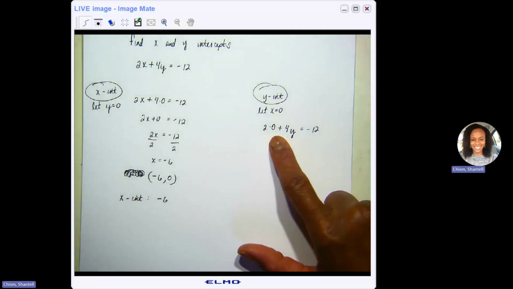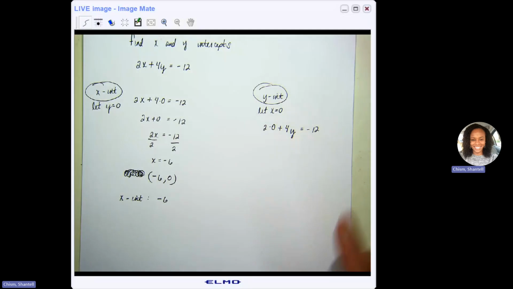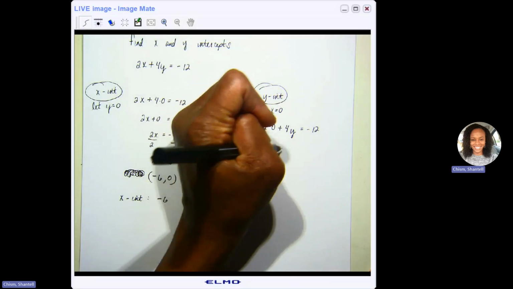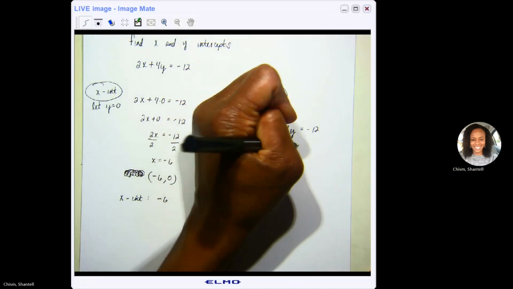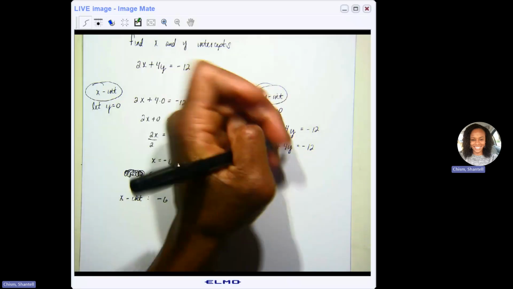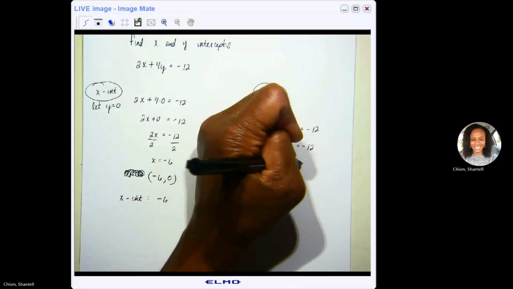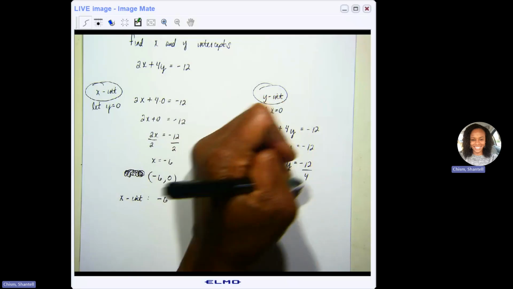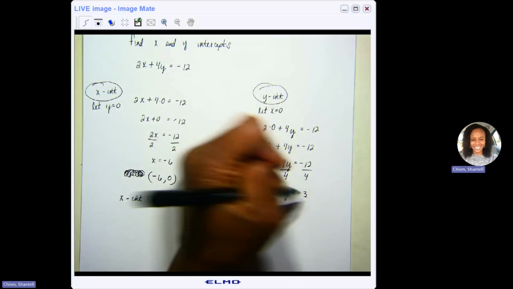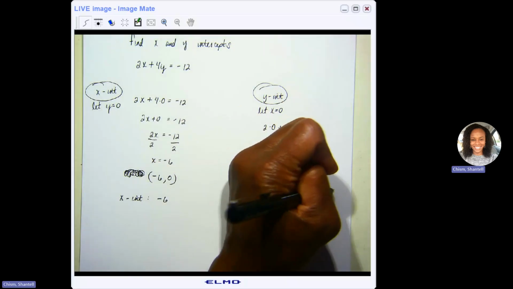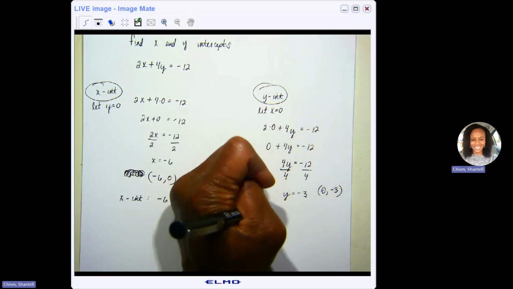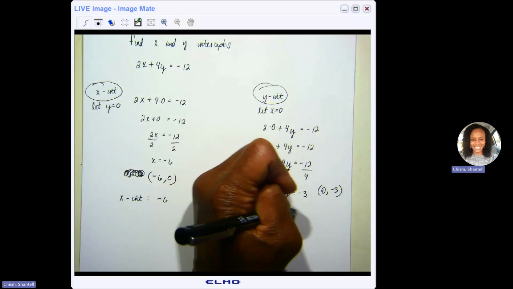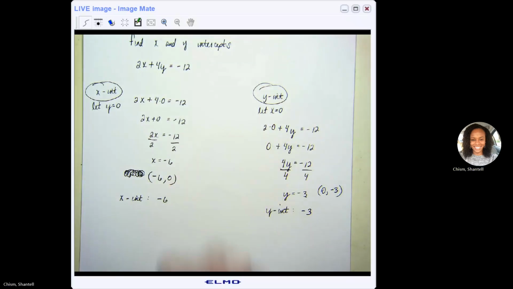It was 2 times x plus 4y equals -12. So 2 times 0 is just 0. 4y equals -12. Dividing by 4, y equals -3. So that would be the point 0, -3, which just means the y-intercept, therefore, is -3.